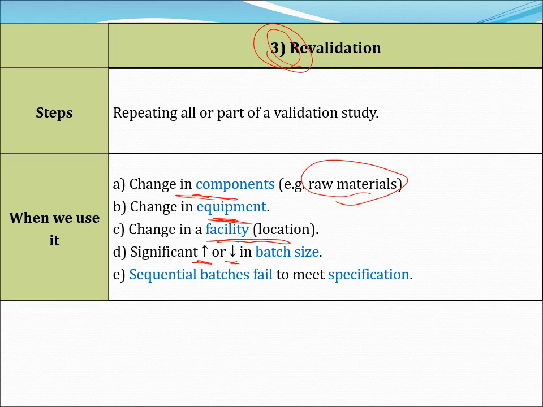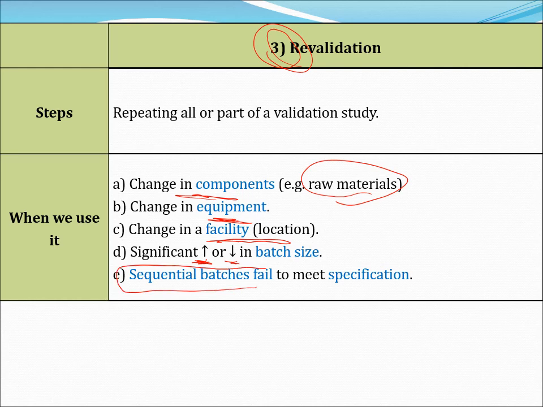So of course, the stability of the machine may change. If instead of keeping the machine working for 4 hours, you keep it working for 12 hours, you have to make sure that the machine is still stable and giving a product with the same quality.